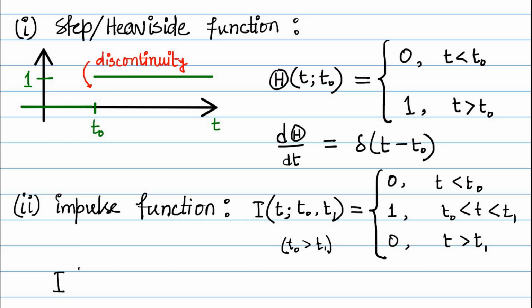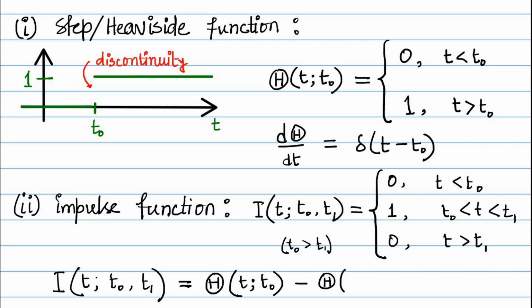So I of t, t0, t1, this can be written as the step function at t0 that jumps at t0 minus the step function that jumps at t1.